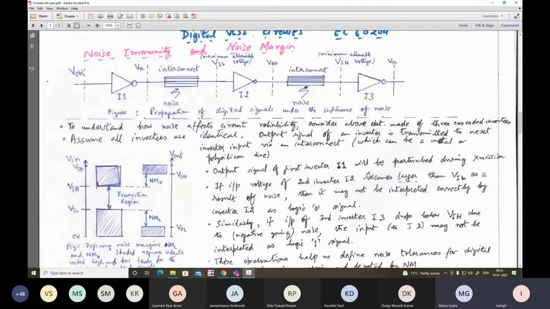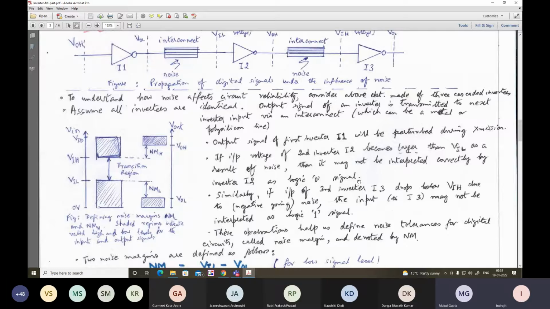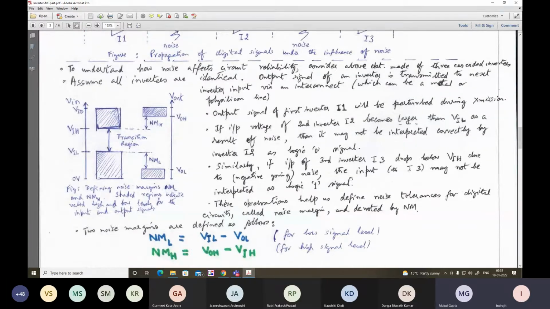So then you have a measure of the noise margin on both the lower side and the higher side. Noise margin on the lower side is given by the difference of VIL and VOL, that is, VIL minus VOL. That tells us how much margin can be tolerated when a positive going noise affects the output of an inverter.